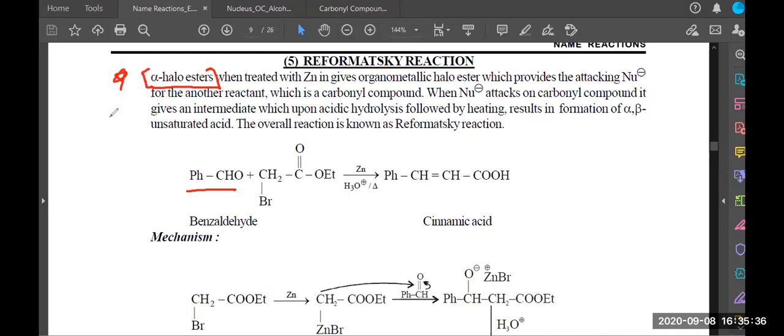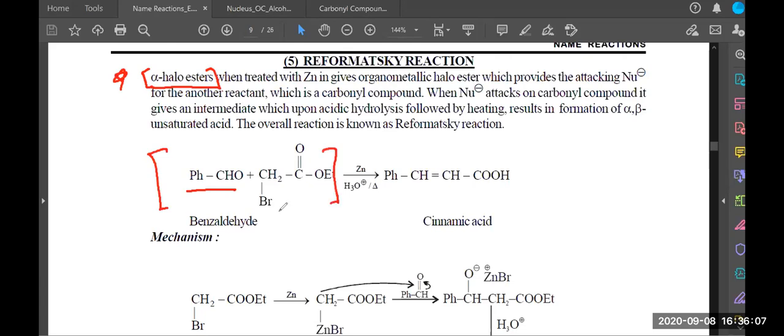Got it, everyone? So in this reaction, we have alpha haloester and aromatic aldehyde. Aromatic aldehyde or any aldehyde, it doesn't matter, you can have any aldehyde also.